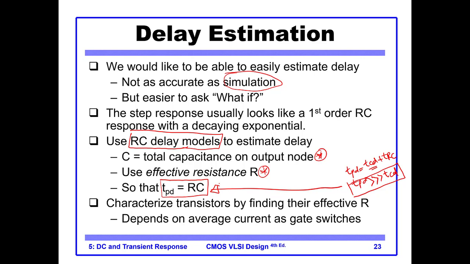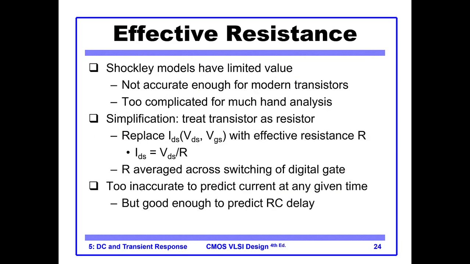Now let's see what this means. So again, there is the description of the Shockley model, which we haven't discussed, but we don't need the details of the Shockley model. What we want is the model for the transistor.